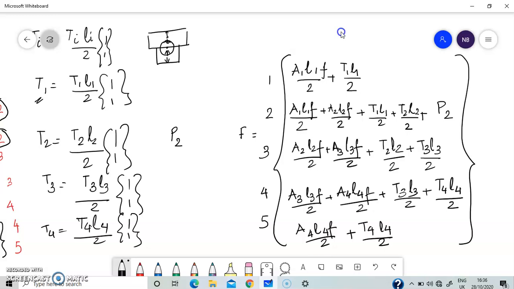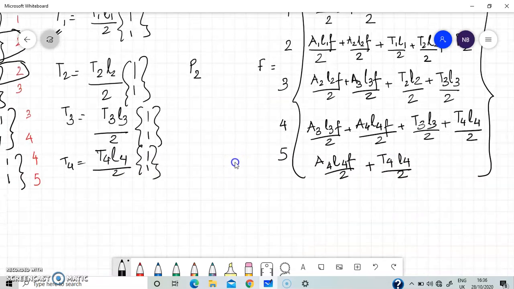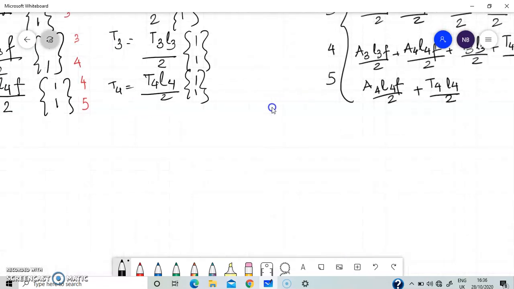So we found out the global stiffness matrix and the global force vector. So finally, it is to be written as Kg, that is the global stiffness matrix, into Q equals Fg.